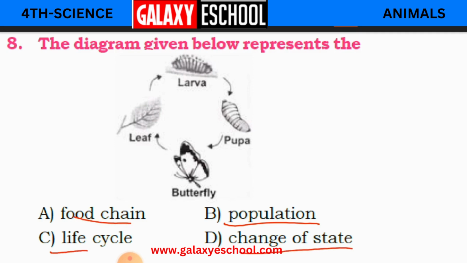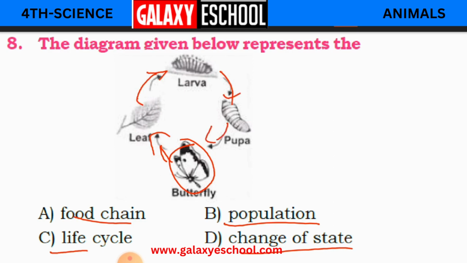Okay, see here, children, this adult butterfly, there are 4 stages of this reproduction process here. The adult butterfly lays eggs on the leaf, and these eggs become larva, and this larva again turns into pupa.